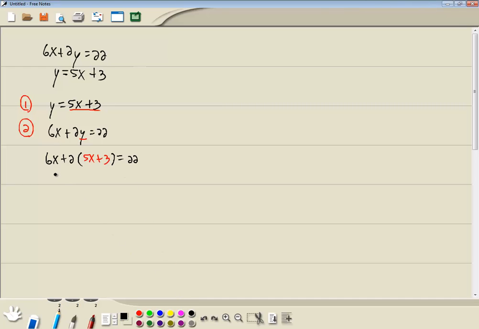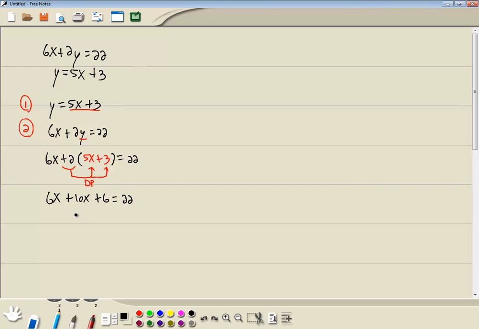And solve this. Well, this is a linear equation, so I'm going to use my distributive property. I'll take the 2 and multiply it times the 5x and multiply it times the 3. Distributive property. 2 times 5 gives us 10x. 2 times 3 is 6, equals 22.